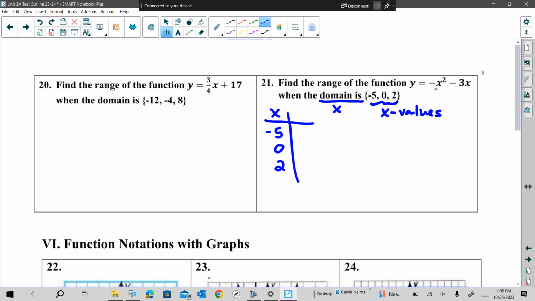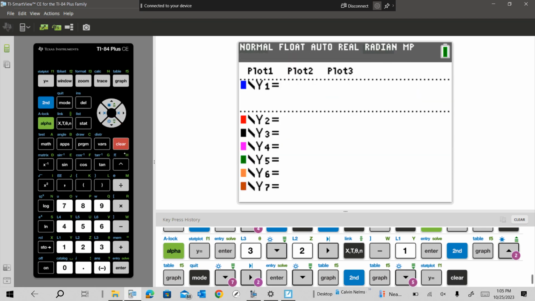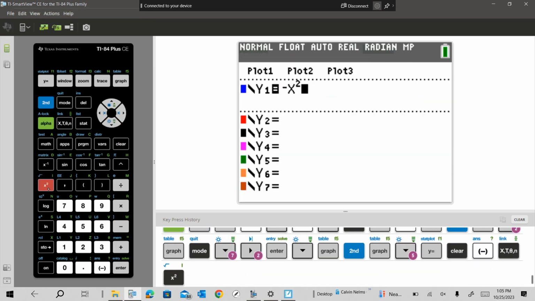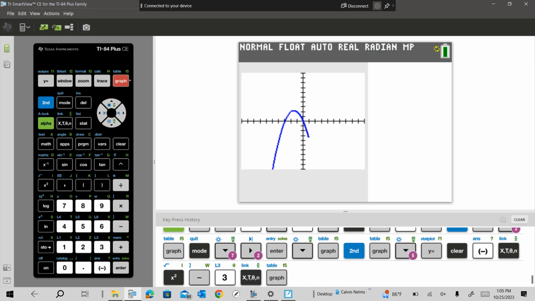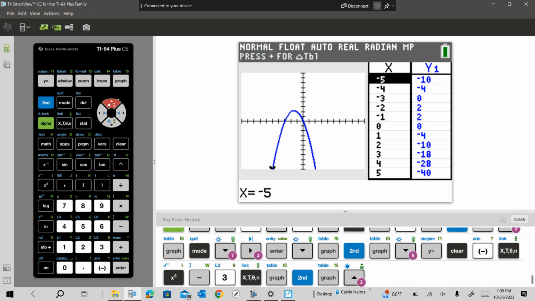So we have to put this function, this equation, in the calculator. We go to y equals, I'm going to clear this one out, -x squared minus 3x, and then I can go to my graph. I see both. But we're looking for -5, so I have to go second graph and arrow up to get to that -5.